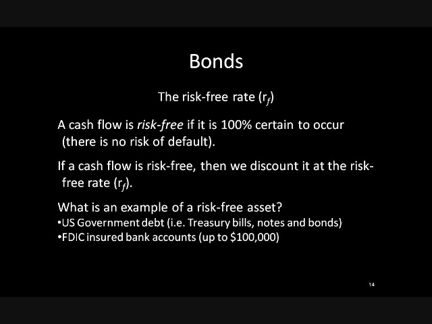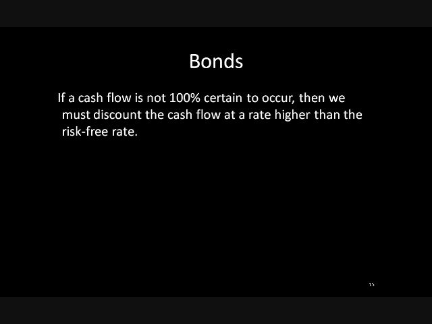So it's essentially just as good as U.S. government debt. Anything over $100,000 is not guaranteed by the FDIC. And that's all. There's two risk-free assets in the world. So everything else has some element of risk to it, to a greater or lesser degree.